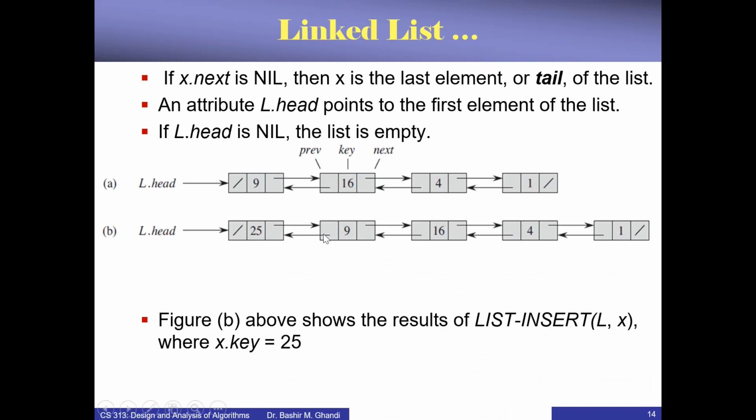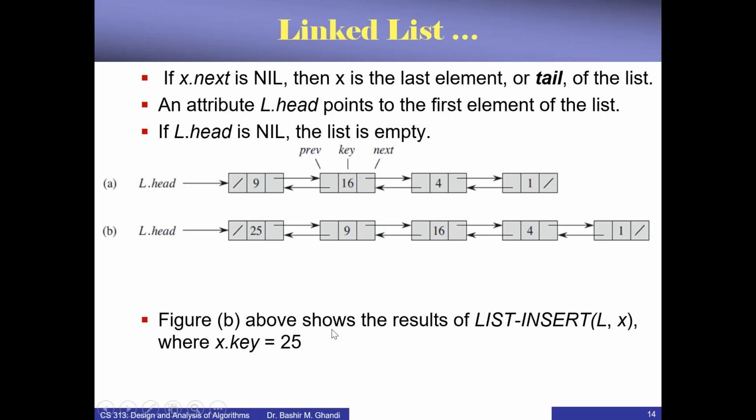Okay, so this diagram is showing the list, this list in A, after the call to LIST-INSERT(L, x), where the key of x is 25. Now here you have to be careful.